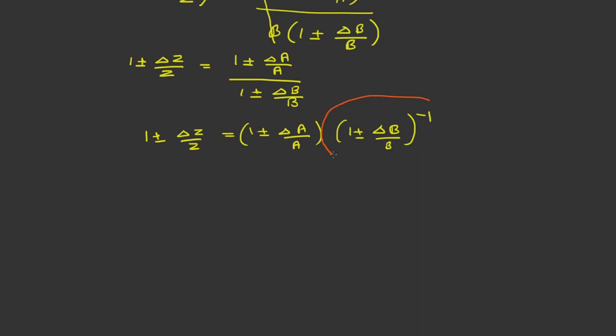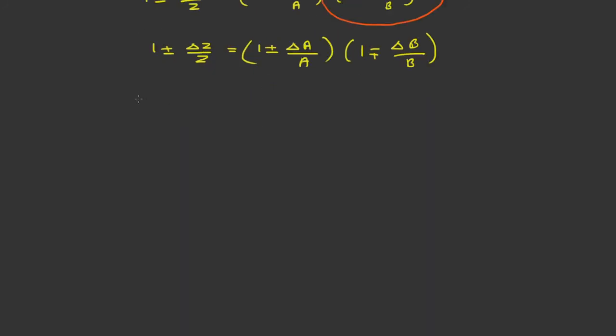Expanding 1 plus or minus delta B by B the whole raised to minus 1 binomially, and we also know that delta B by B is very less than 1, so we can write 1 plus or minus delta Z by Z is equal to 1 plus or minus delta A by A into 1 minus or plus delta B by B.